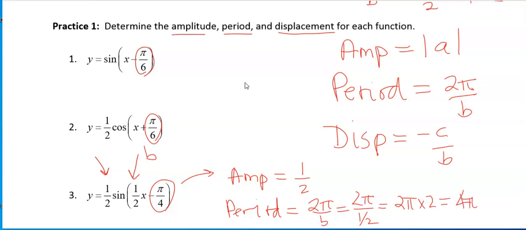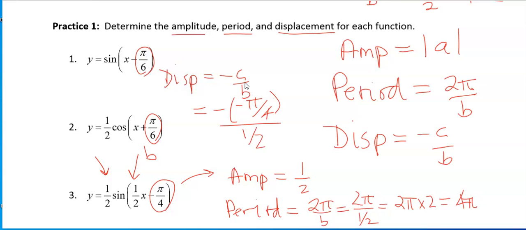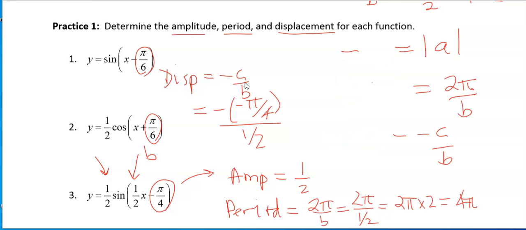There's your period. And finally, for the displacement, let me just come up here and show you how to do that. It's negative c over b. So for the displacement in this question, you'd have negative pi over 4. Notice that c is negative anyway. Divided by 1/2. Now what would that give me? Let me just erase some of this, make some room.